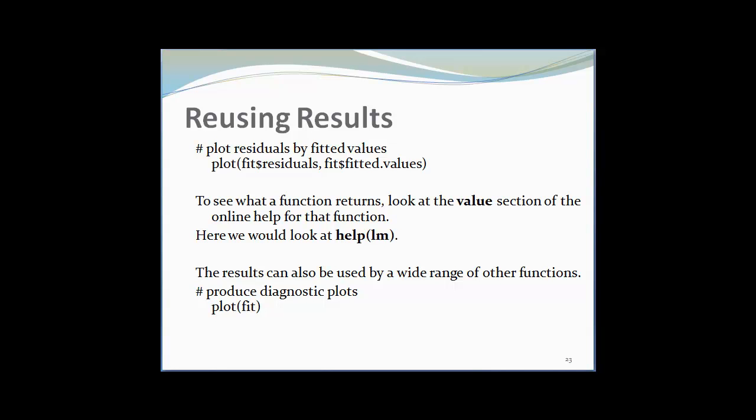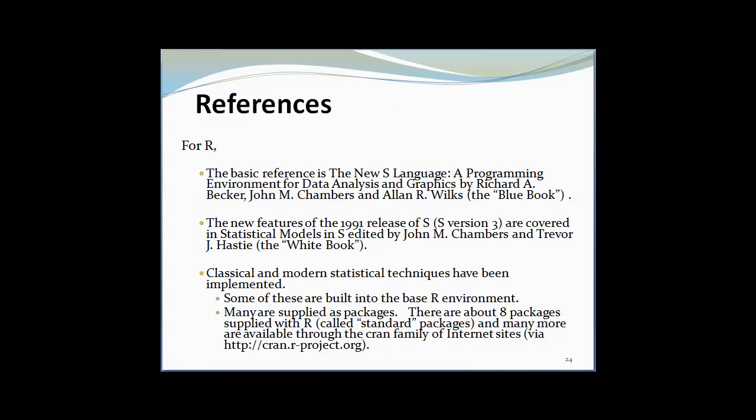At the end, coming towards the references, for R, the basic reference is The New S Language. The new features of the 1991 release of S are covered in Statistical Models in S, edited by John. Classical and modern statistical techniques have been implemented in this. Some of these are built into the R base environment also.